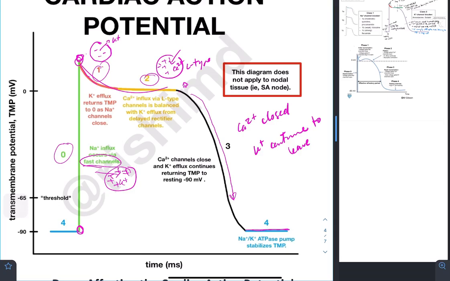that's the resting membrane potential, and this is controlled by the sodium-potassium ATPase pump. It is at this stage where the potassium leaving and the sodium coming in are at an equal stage.